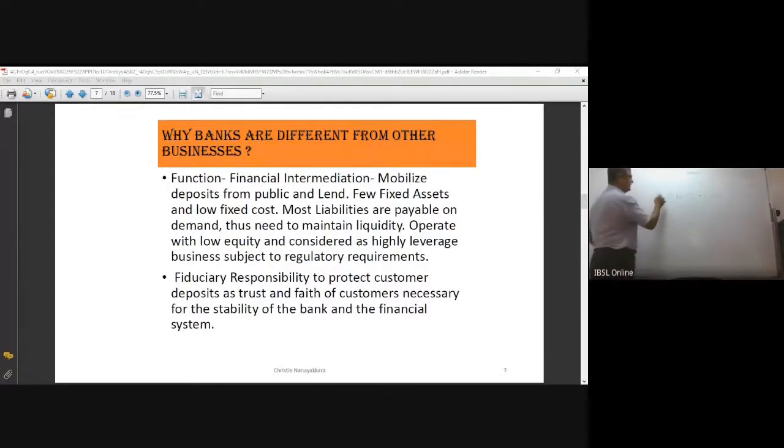If I am to elaborate what the current assets of a bank are, banks need to keep cash. Bank has investments. Bank also gives loans.